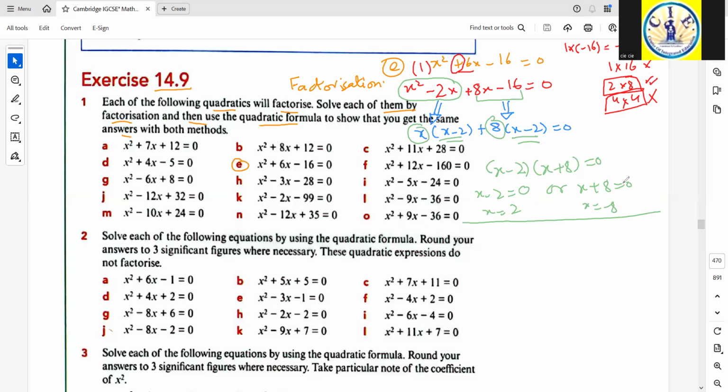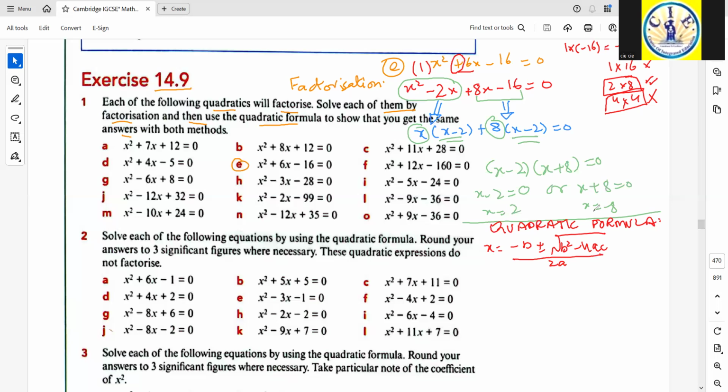Now let me solve it using the quadratic formula, which is x equals negative b plus minus the square root of b squared minus 4ac, whole divided by 2a.